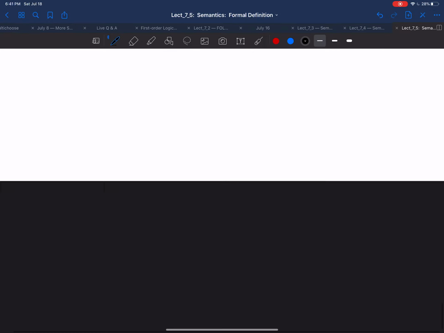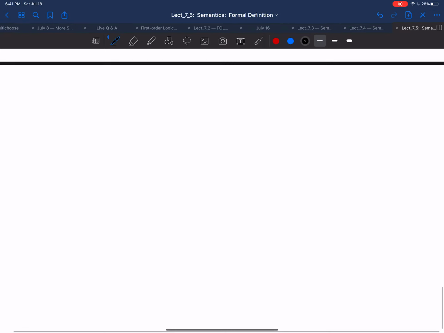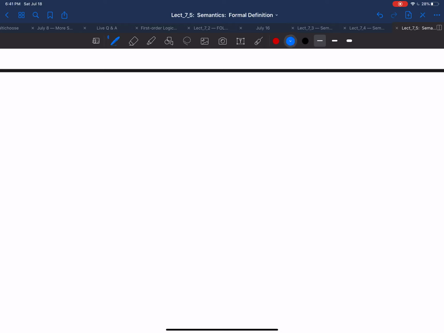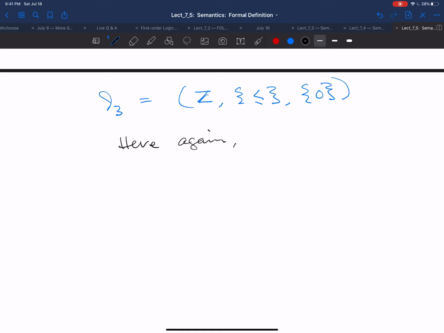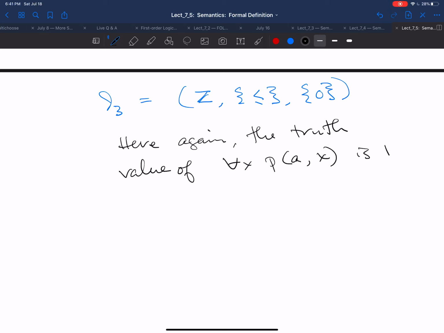And finally, I3 was the case where the domain of the interpretation was the integers. The relation was still less than or equal to, and then we went back to letting the constant be 0. But here again, the truth value of the formula is f. The truth value of our universally quantified formula is f.